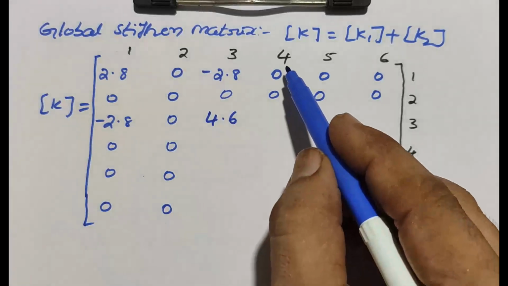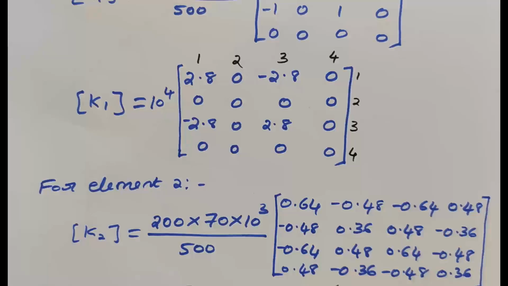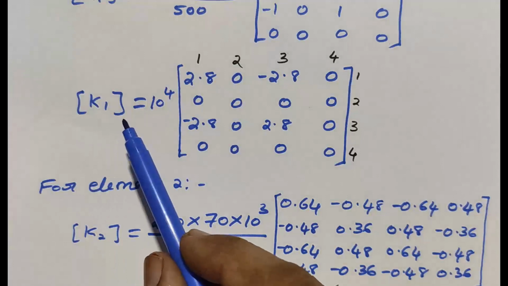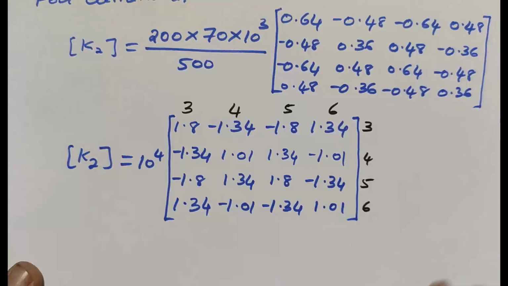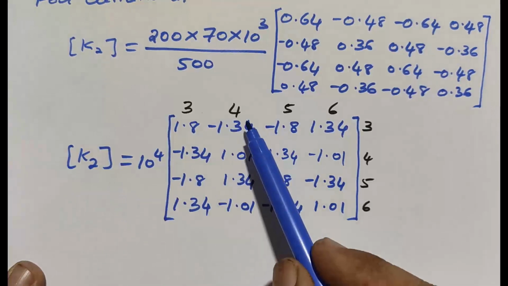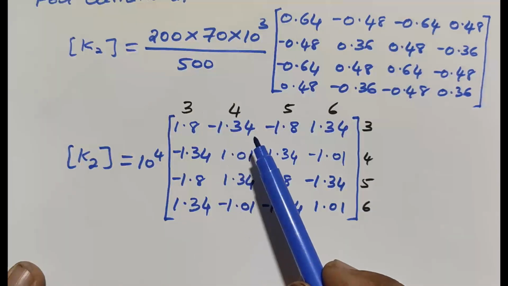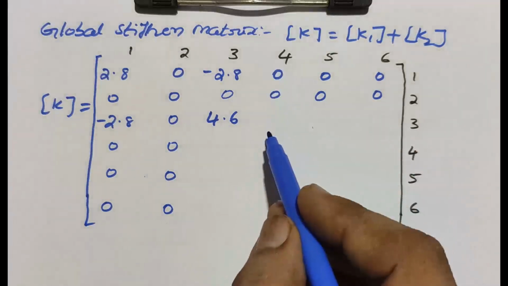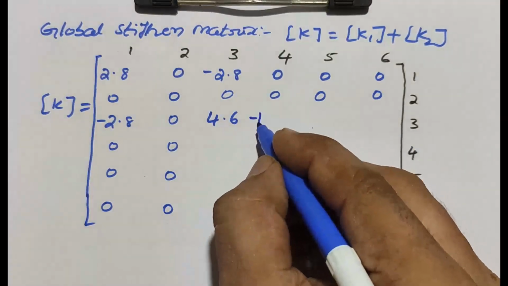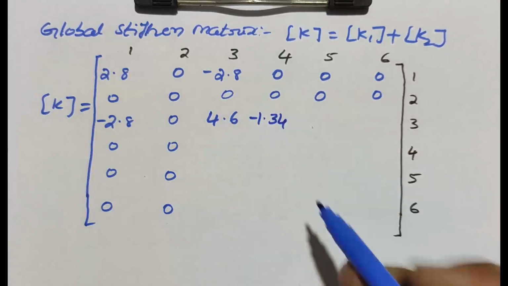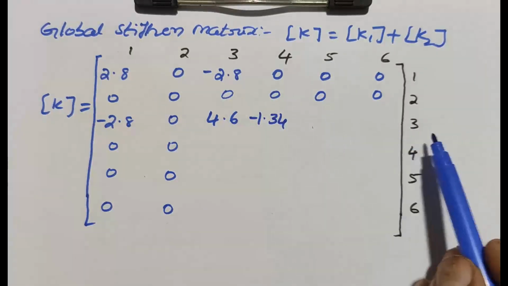Next, we need the element corresponding to 4 and 3. See, in K1, the element corresponding to 4 and 3 is 0. But in K2, the element corresponding to 4 and 3 is minus 1.34. Therefore, here the element corresponding to 4 and 3 is minus 1.34. Next, we need the element corresponding to 5 and 3.